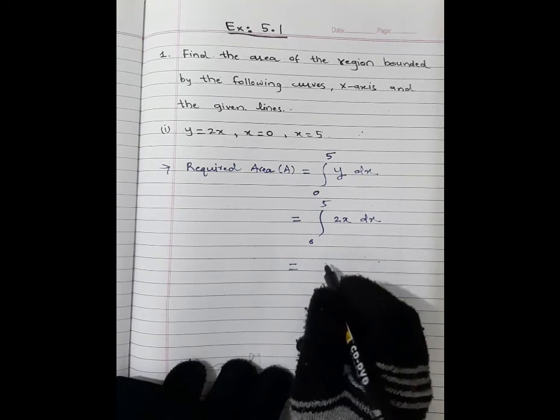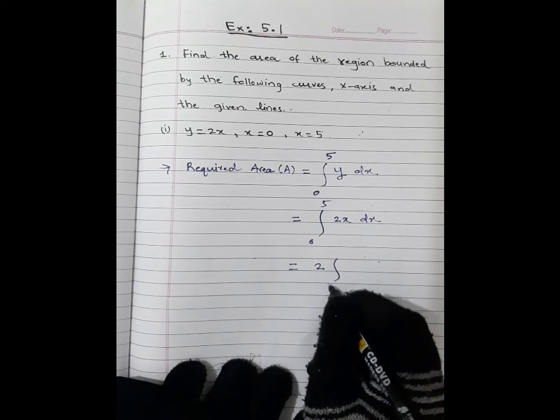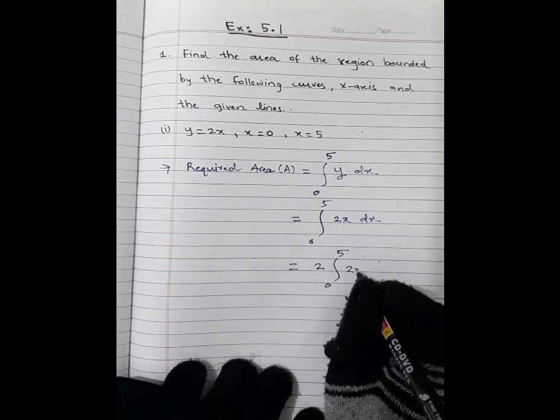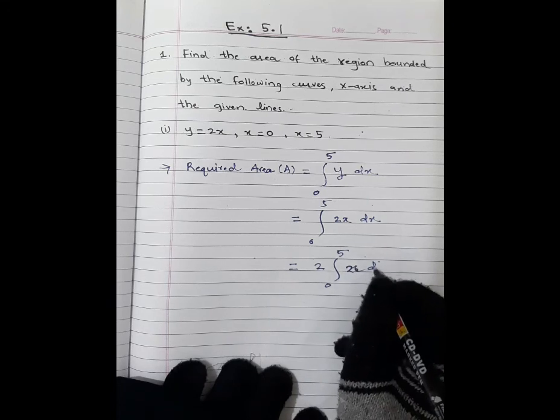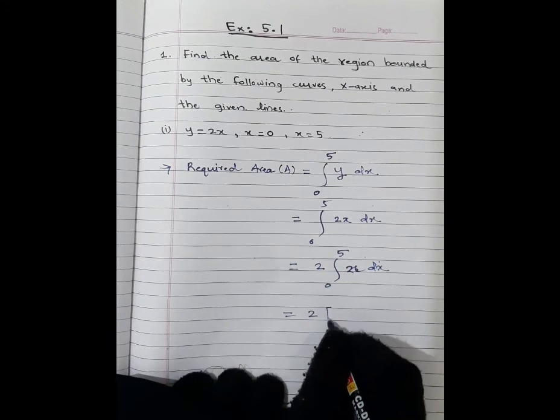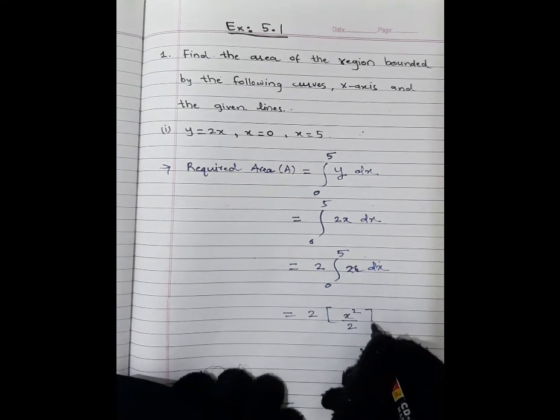What is the integration of 2x? 2 is a constant, we'll write it outside. Integration from 0 to 5 of x dx. What is the integration of x? Integration of x is x square upon 2.